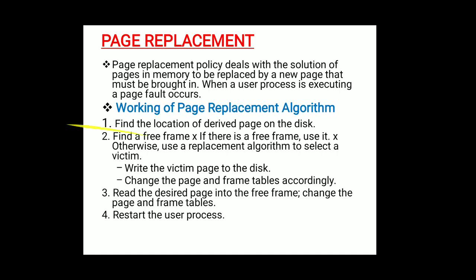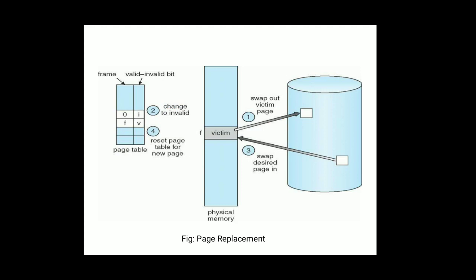Coming to this diagram, as you can observe, this is a page replacement diagram. There is a physical memory and a page table which comprises two fields: the first field is the frame and the second field is the invalid bit. In the first step, we page out the victim page.